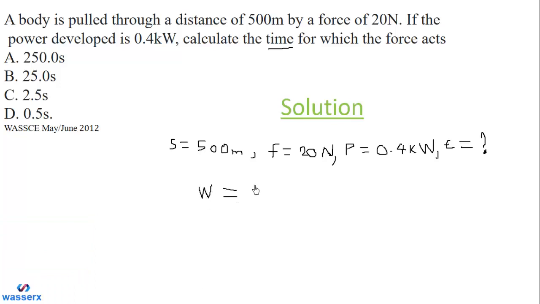Work is equal to force times displacement, which is 20 newtons times 500 meters, and when we calculate that, we obtain 1000 joules for the work.